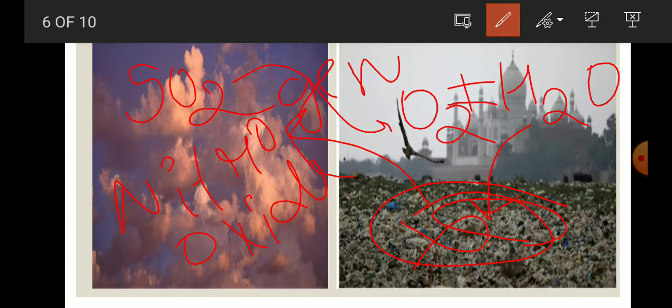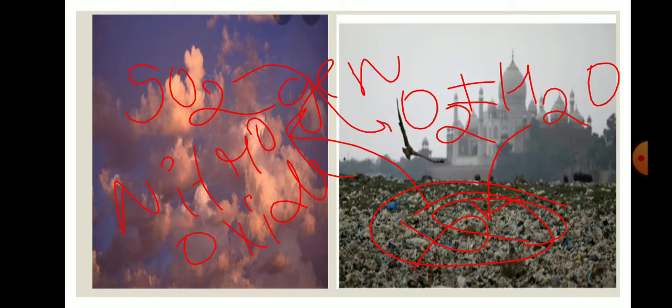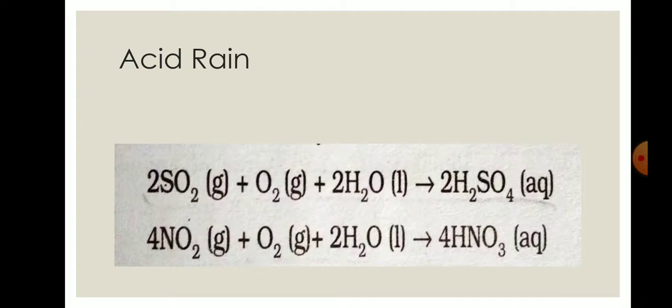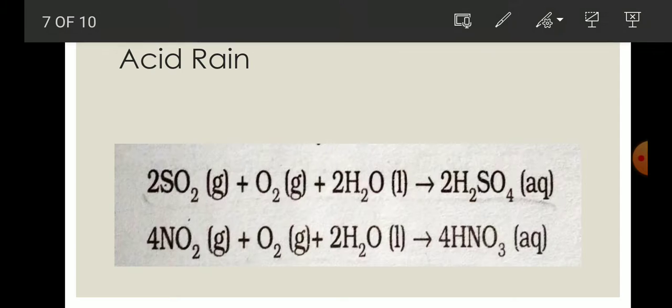And this nitrogen oxide will form nitric acid. Okay, so these two acids are the major source of acid rain. So now let us discuss it in detail. So here, what actually is acid rain?